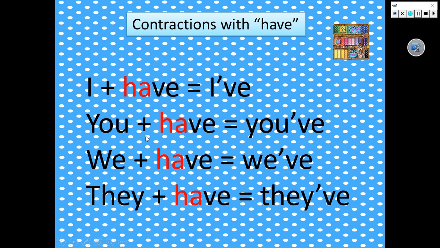Next is you plus have equals you've. Same thing, take out the HA, put the apostrophe in its spot. We have is we've. They have becomes they've. And you just do the same thing for all four of those.